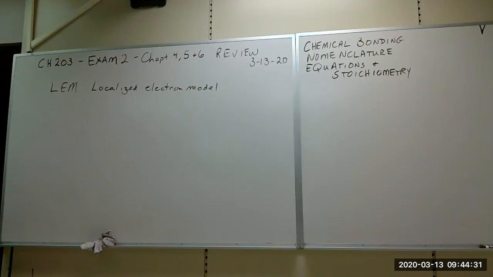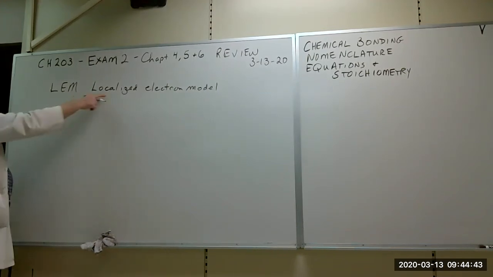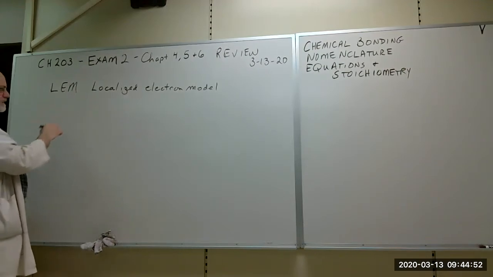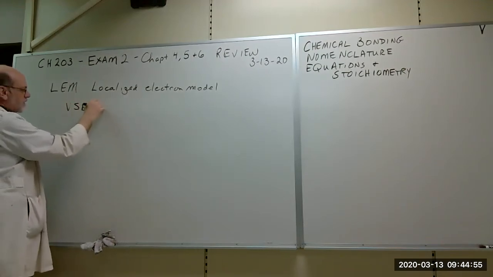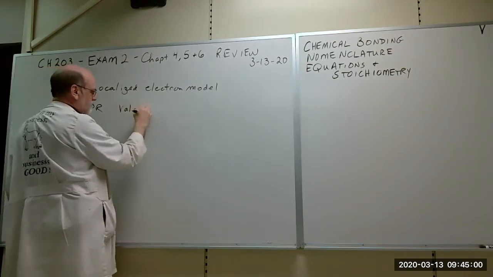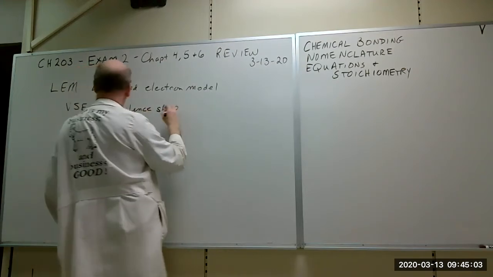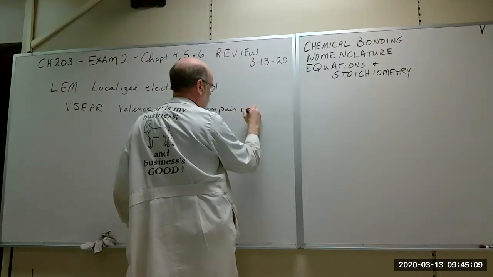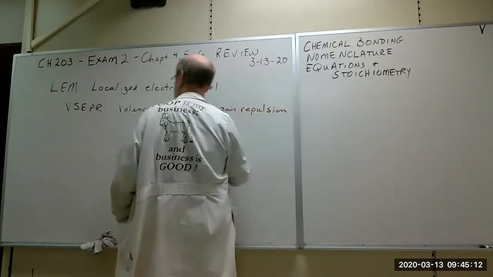That just says that when you have a molecule and its bonds, the electron density is assigned to individual atoms. They're localized for the atom. Right? And within that, we have a subset called the VSEPR, right? Which means valence shell electron pair repulsion model.